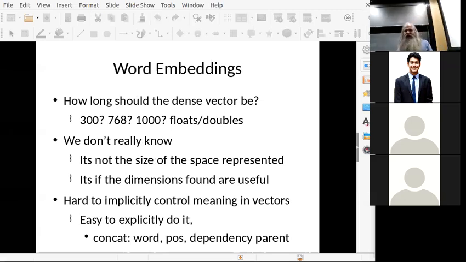How wide should your dense vector be? Well, you had 10,000 or more with your sparse one, so anything smaller is probably going to be better. There is no fixed answer for this in any way whatsoever. There's no good way to even experiment because it's just too expensive.